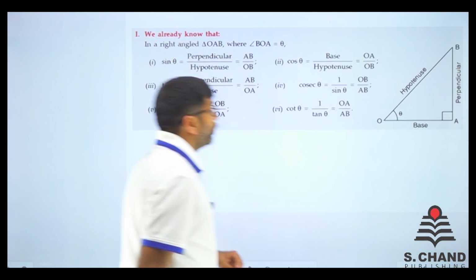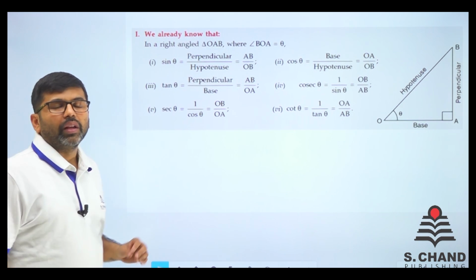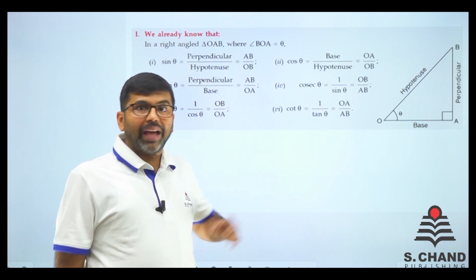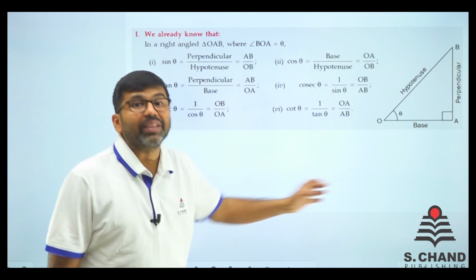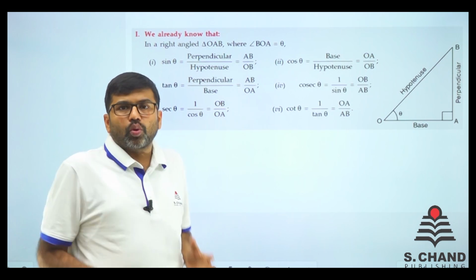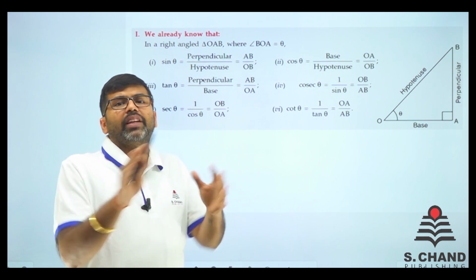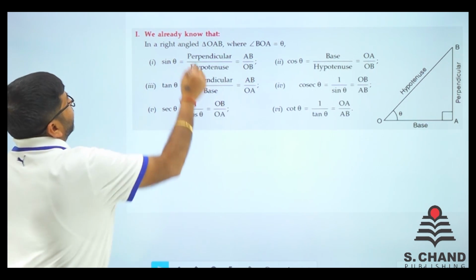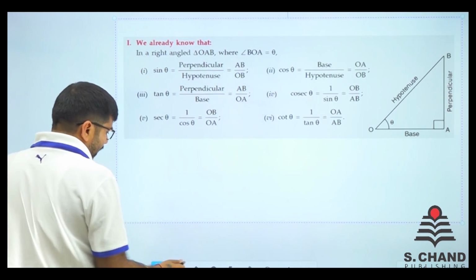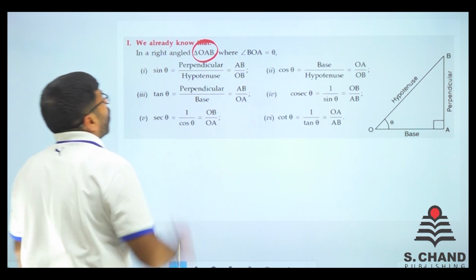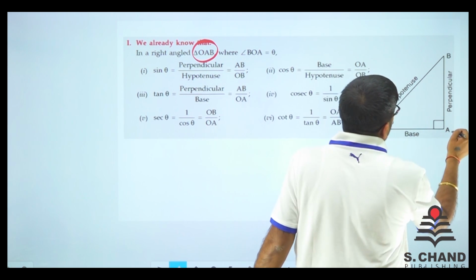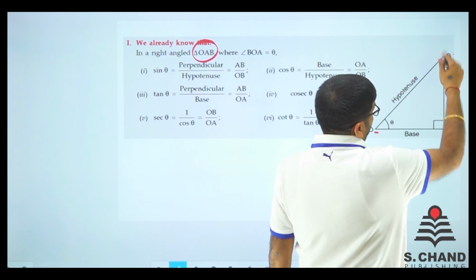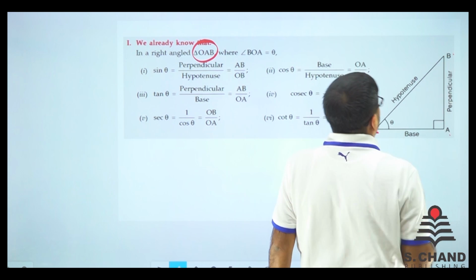First part: what I have generally done is put the screenshot from the book itself so that you can relate everything to the book. The basic thing: in a right angled triangle OAB, you can see this is the perpendicular, this is the base, and this is the hypotenuse.